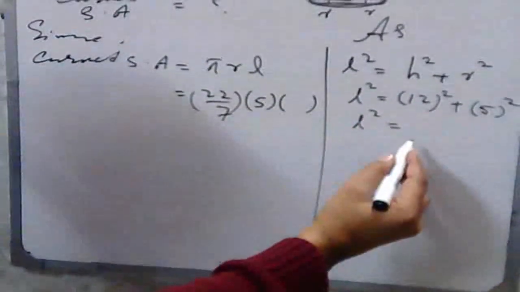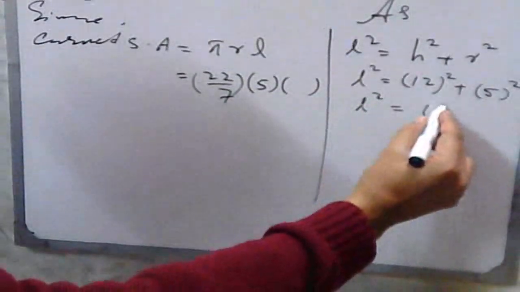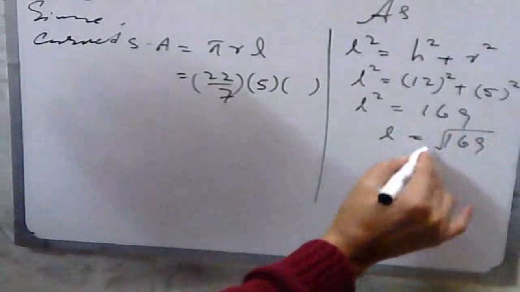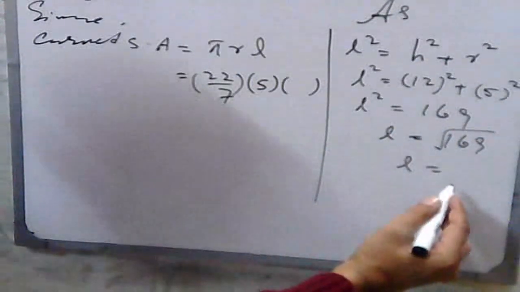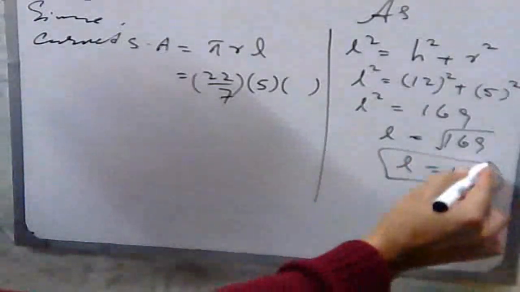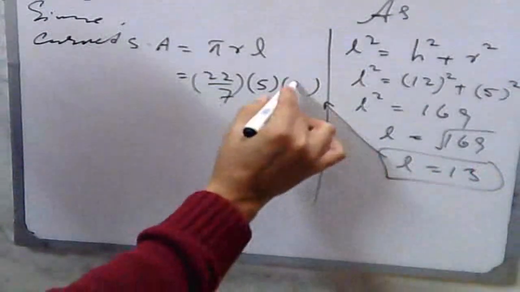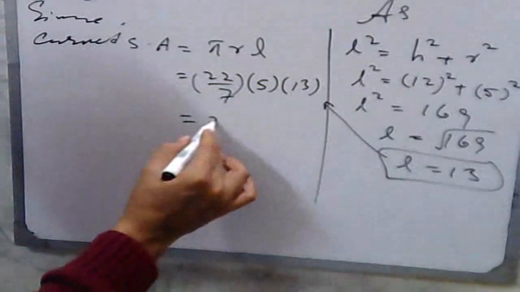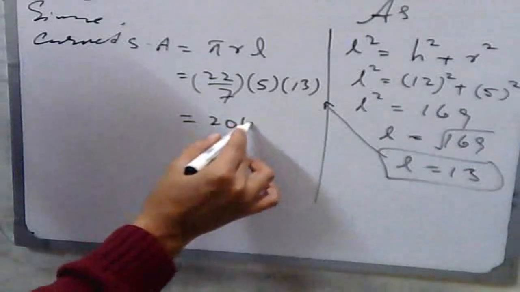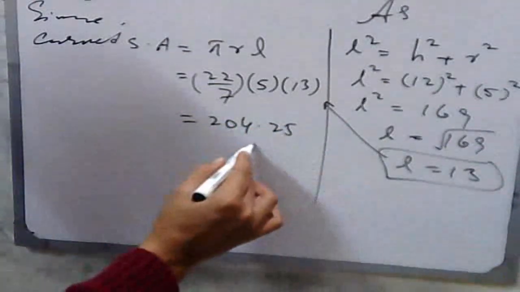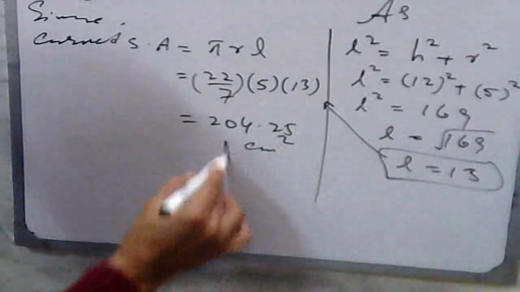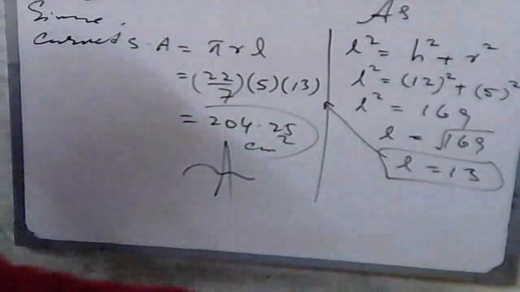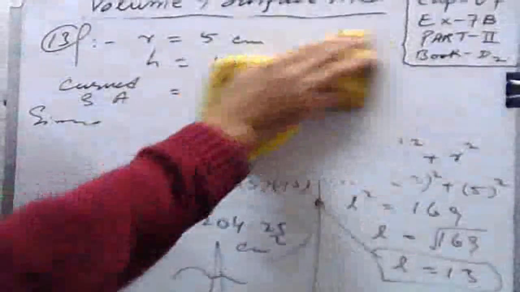After simplification, you can get 169, and 169 under root, so the value of l is 13. So this 13 is used here, so after simplification you can get 204.25 centimeter square as your required result. Coming to question number 14.